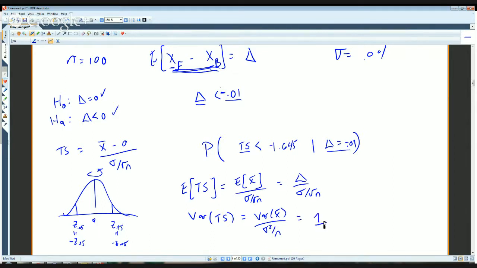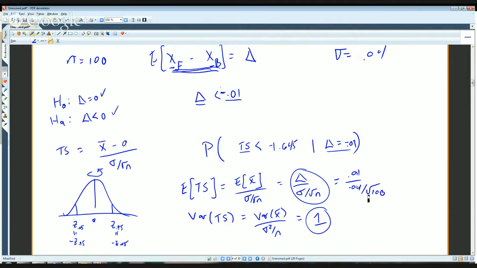So under the alternative, our test statistic has mean this and variance that. But this we can plug in: that's 0.01, our sigma is 0.04, and our n is 100. So now we have all the calculations.